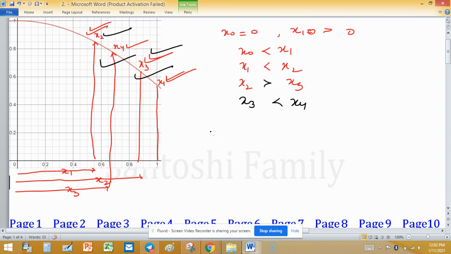So we separate this or make subsequences, because x(n+1) is cos of xn for all n greater than or equal to 0. So we separate even terms and odd terms: x0, x2, x4, x6.